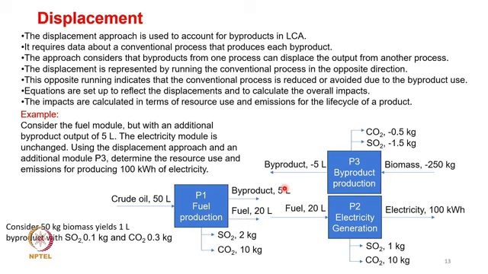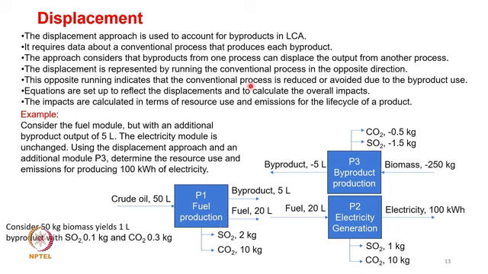Now we are getting 5 liters of this byproduct, which essentially means that you have to scale this up to 50. You may be using 250 kilogram of biomass, and as a result 0.5 kilogram of CO2 and 1.5 kilogram of SO2 would have been produced. So eventually you would have saved these emissions, because you don't have to do this process individually to make this product, because your P1 is giving you this.